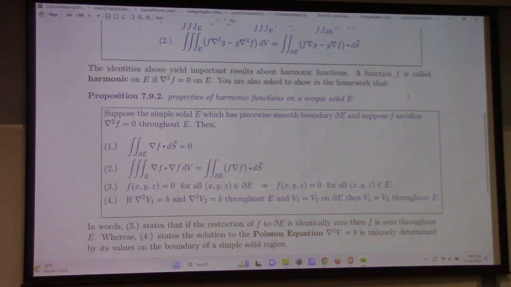What item 4 says is that if you have a solution for the voltage on some volume, in other words, a solution to Poisson's equation, then there is a unique voltage function which does that if you're given a set of boundary conditions on the edge. So this is physically relevant. It basically says our concept of voltage is well defined.